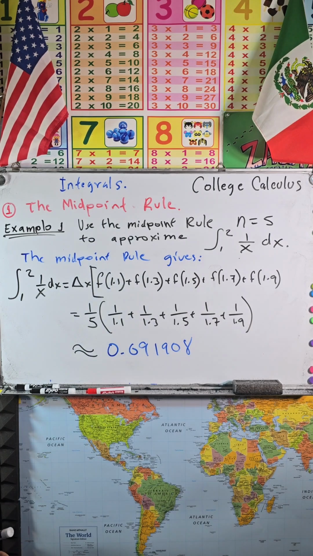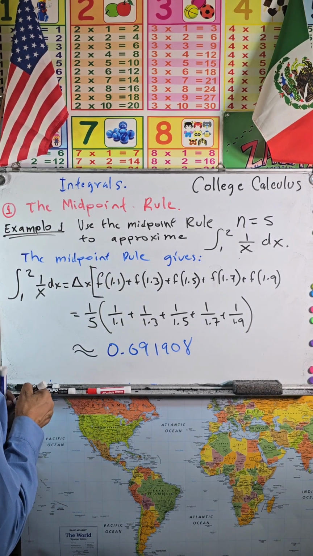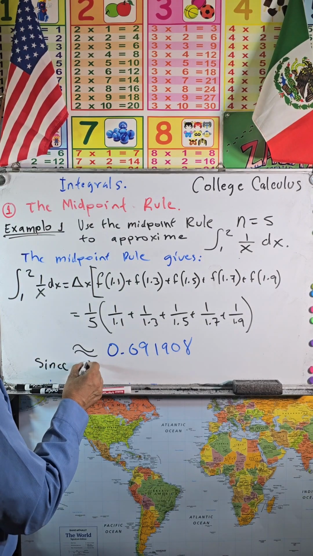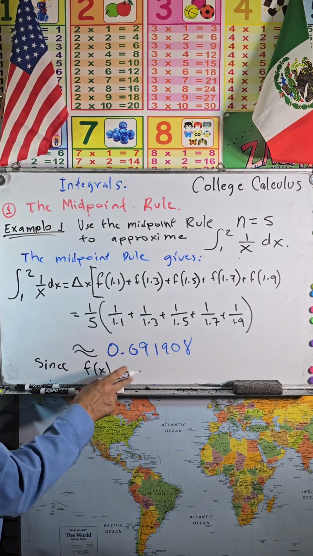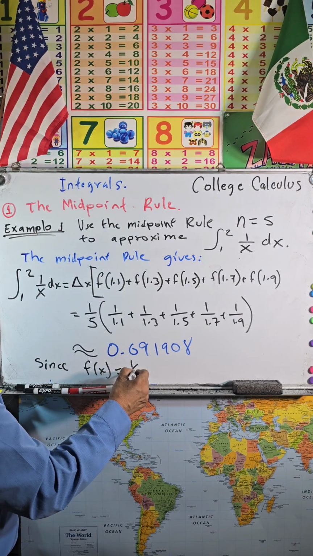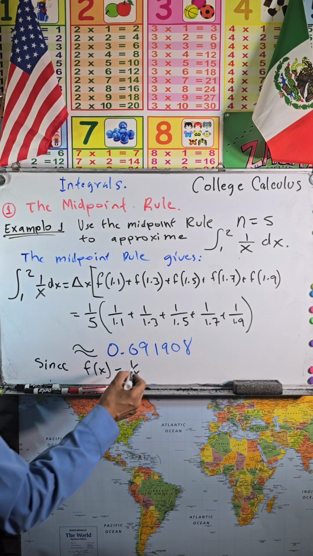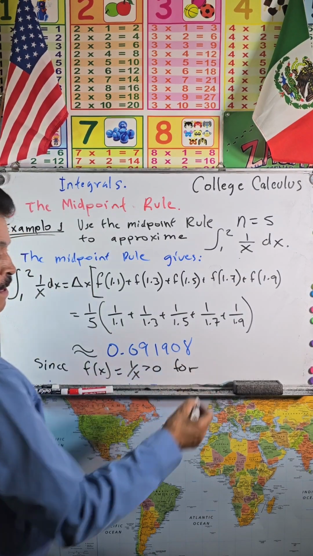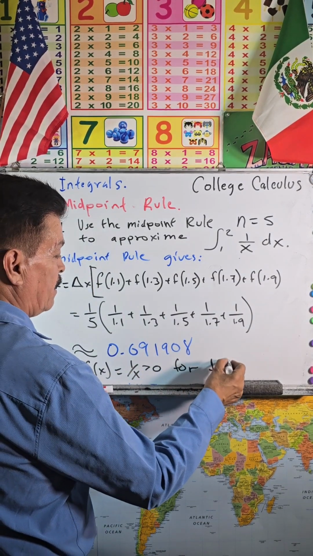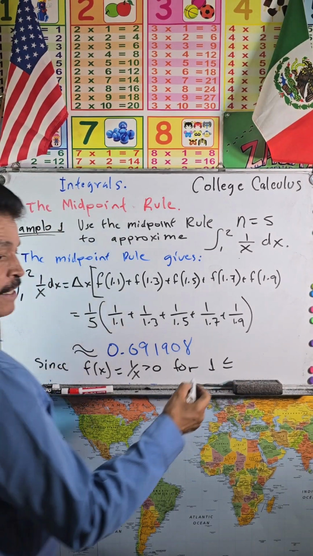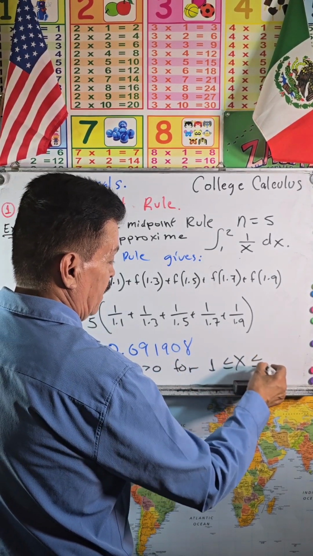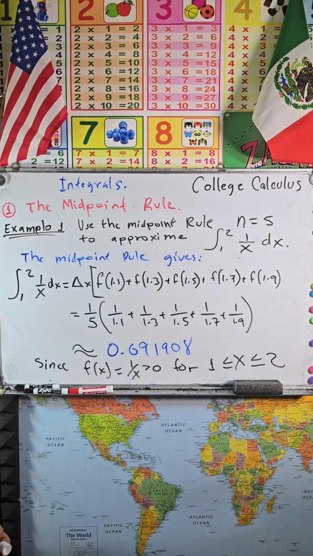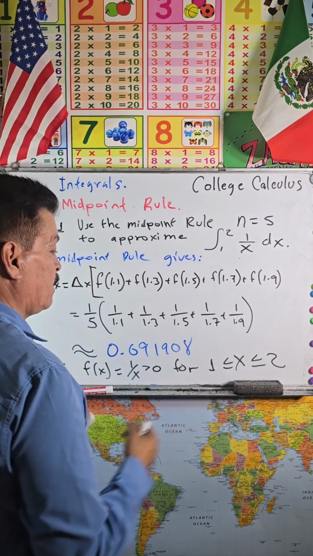Okay, that's the solution. Since I will not make a graph, just write f of x equals 1 divided by x is greater than 0 for 1 less than or equal to x less than or equal to 2. That's the conclusion.